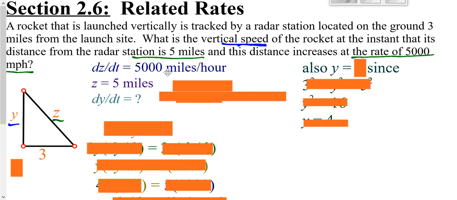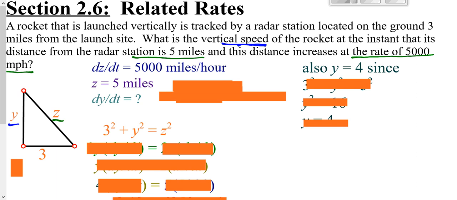Now, for the most part, you want to find an equation that relates everything we have in our diagram. Well, it's a right triangle, so we know we could go ahead and do a squared plus b squared equals c squared. Now, we know at the instant that our z is 5, y would be 4.